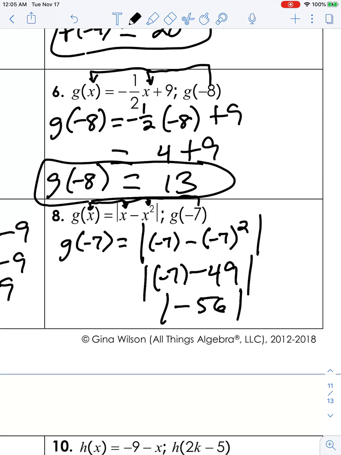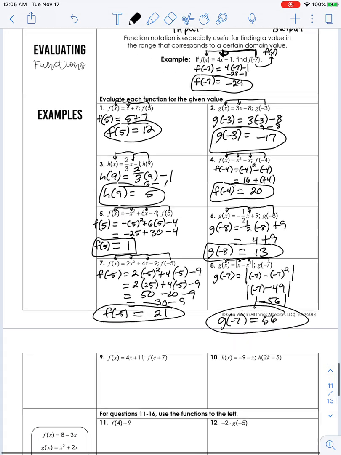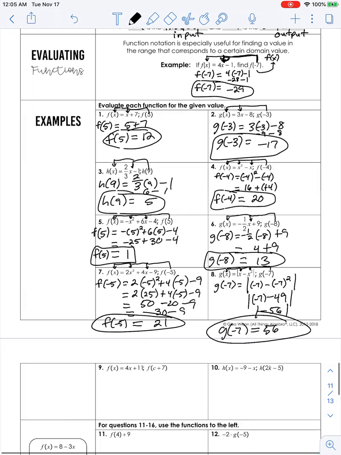And then the absolute value of negative 56 would be positive 56. And that would be your answer. You just drop the g of negative 7 down. And that would be your answer. So there's the first few problems at a glance.